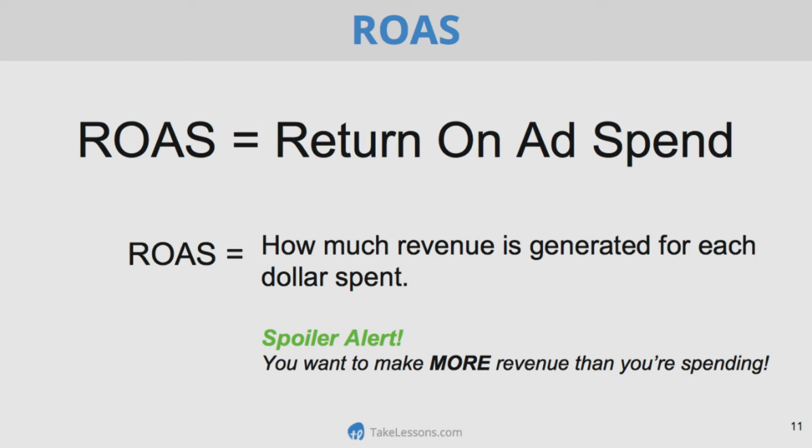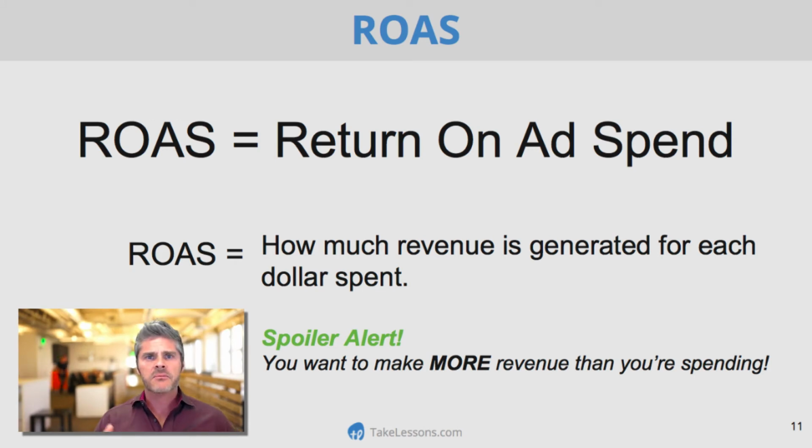In other words, ROAS lets you see how much revenue that you're generating for each $1 that you spend towards advertising. It's pretty important to know that, wouldn't you think? Of course, you want to make more revenue than you're actually spending. Wouldn't that be great? Well, knowing your return on ad spend allows you to see how effective one advertising channel is relative to the other channels. Then you can make smart decisions on which channel to pay more attention to and which channels just simply aren't working that well for you.